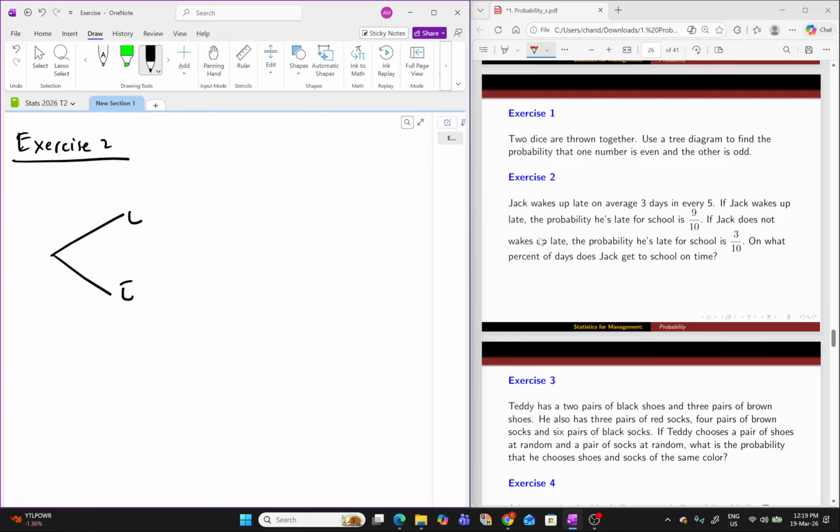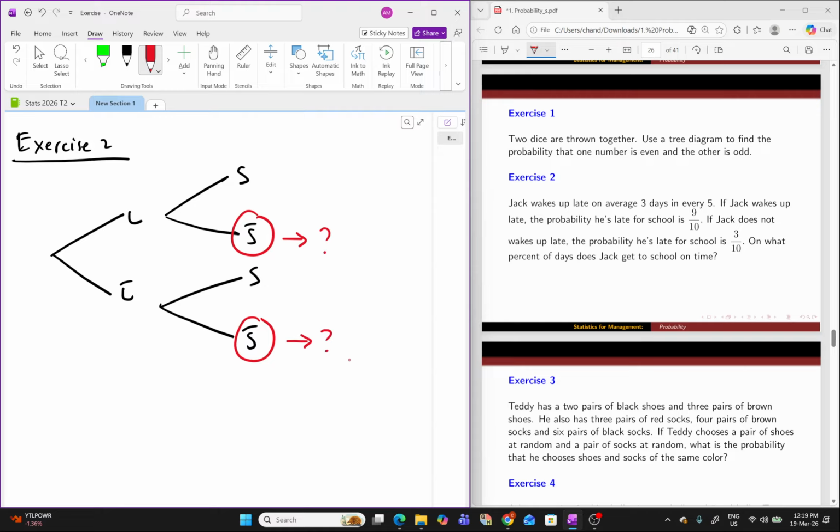If Jack wakes up late, there is a probability he is late for school. Late for school, not late for school. On what percent of days does Jack get to school on time? So school on time means not late, we have to find this one. How much is here? How much is here? Not late. Okay, go to school on time, not late.